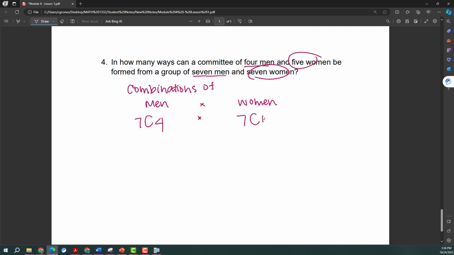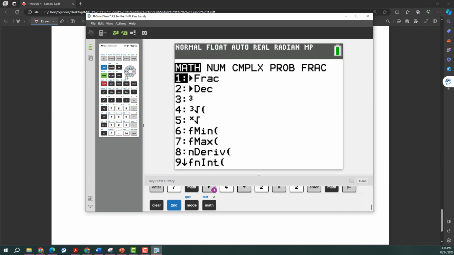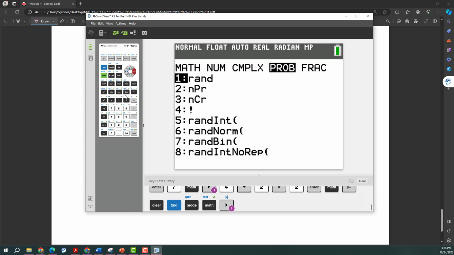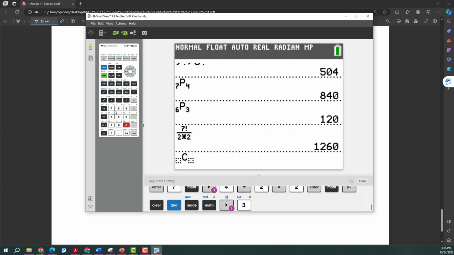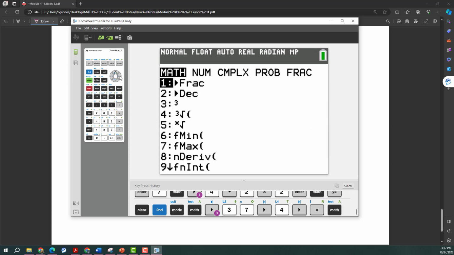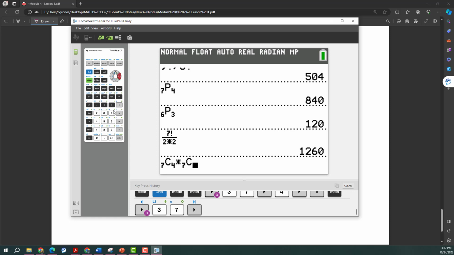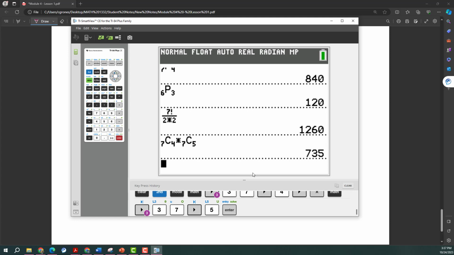So 7C5. So you can do these separately in your calculator, or you can put it in just like that. Like math probability. So 7C4, and then multiply by 7C5. And you should get 735.